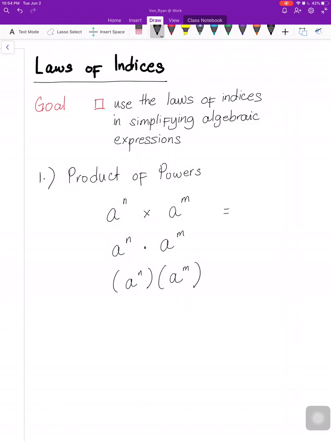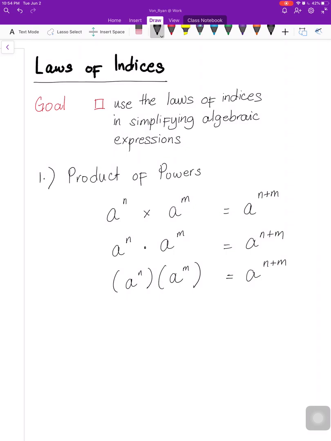So a raised to n times a raised to m is equal to a raised to n plus m. So when you're multiplying terms with the same base with indices, you just copy the base and add the indices.